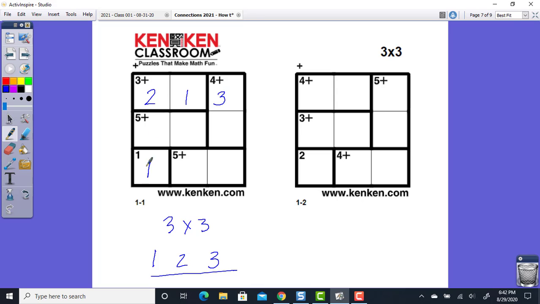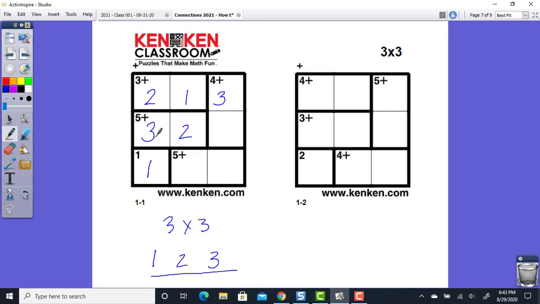Looking vertically, we can see that we're also missing a 3 right here. Now we can answer these questions with half of the answer already filled in. Let's take a look at the plus 5. This is asking what two numbers added together will give me a sum of 5. We already have a 3, so this must be a 2.